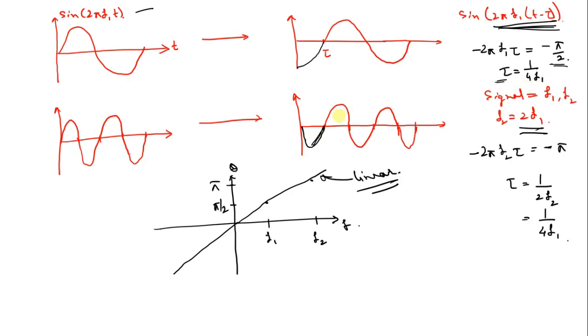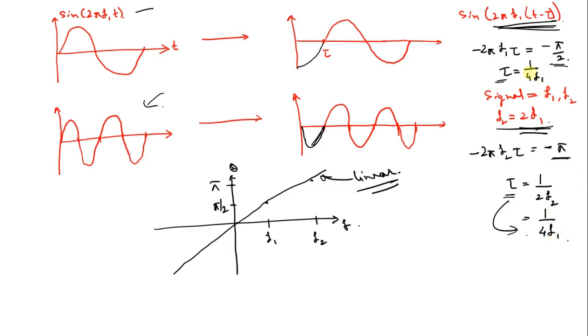Similarly, if you increase the frequency such that f2 is equal to 2 f1, the signal has moved by pi radians. Again, if you find the value of tau and simplify it, you get 1 by 4 f1.